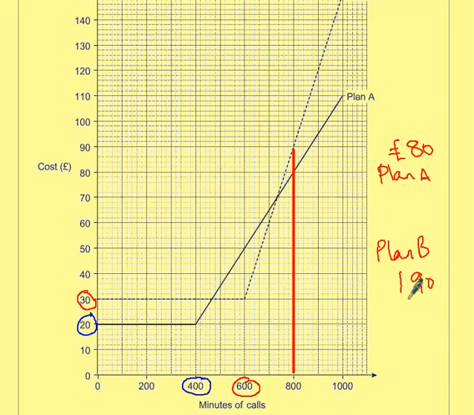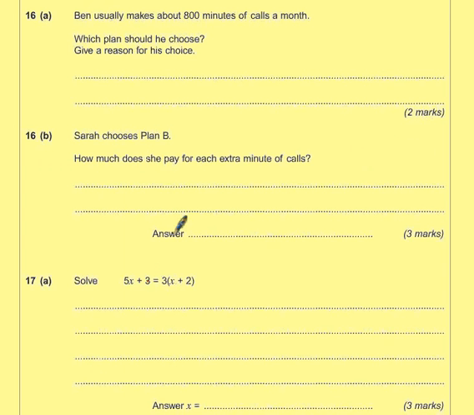So quite clearly, if Ben is going to use 800 minutes, he should choose Plan A because it is £10 cheaper.